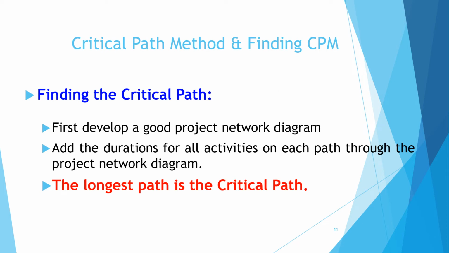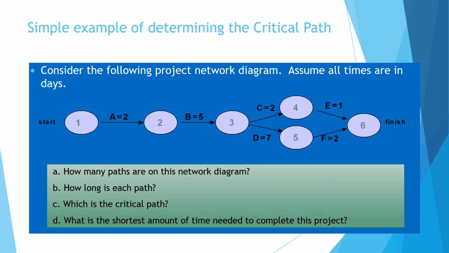To find the critical path, first, if they give you the details, create the table with the tasks, dependencies, and duration. Then convert that data into a network diagram, calculate the number of paths from start to finish, and calculate the duration for each path. The path with the highest duration, the longest path, will be considered the critical path.